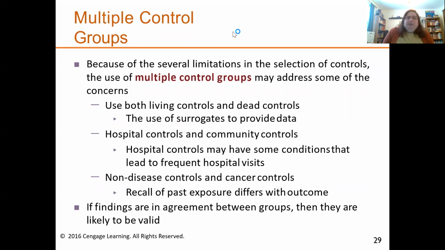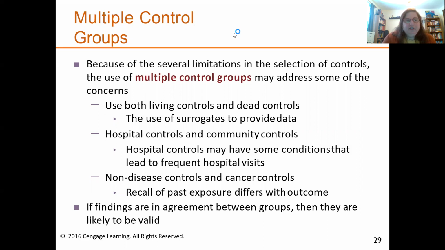Now, because of several limitations in the selection of controls, the use of multiple control groups may address some of the concerns. You can use both living controls and dead controls, in which case you're using surrogates to provide data for the dead controls at least. With hospital controls and community controls, hospital controls may have some conditions that lead to frequent hospital visits, so community controls help offset that a little bit.